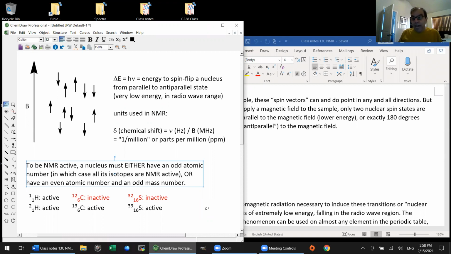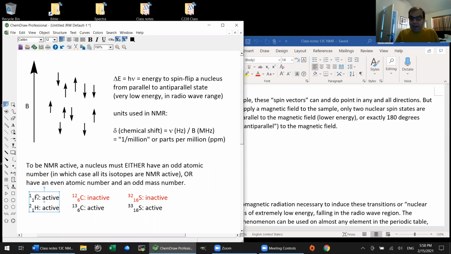And then, as you can imagine, we generally pick the one that's easiest to detect, which is usually, maybe not always, but usually the one that's most common. So for instance, if we're looking at hydrogen, proton NMR uses hydrogen 1 nuclei. That's by far the most common type of hydrogen in the universe.